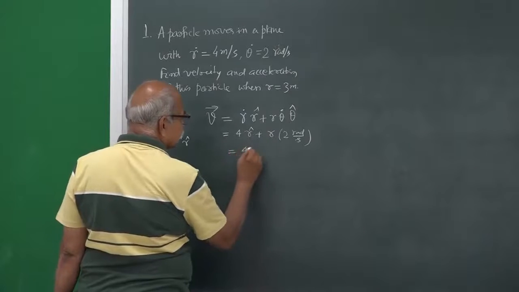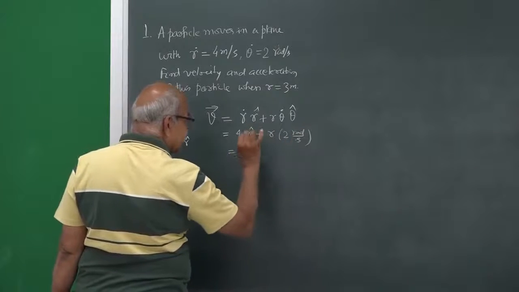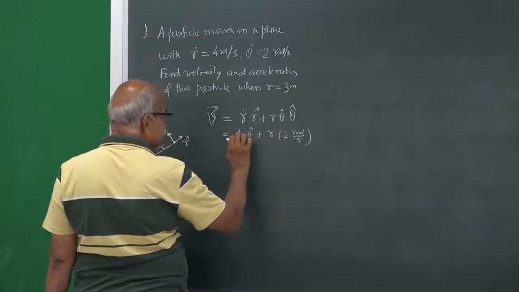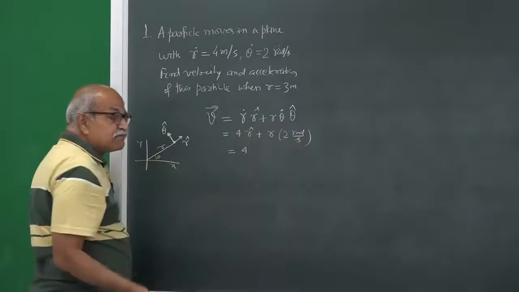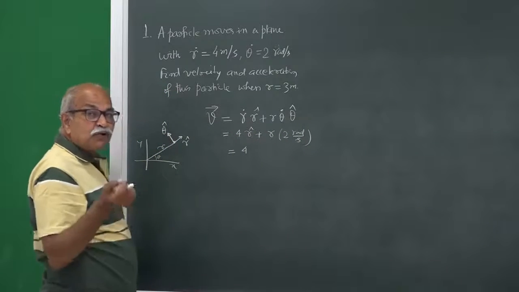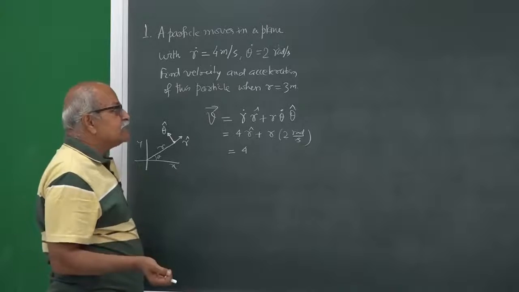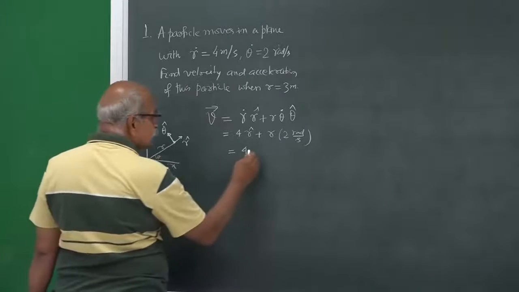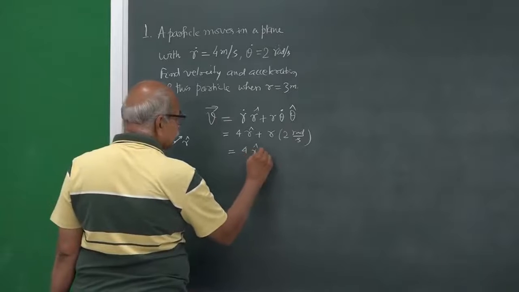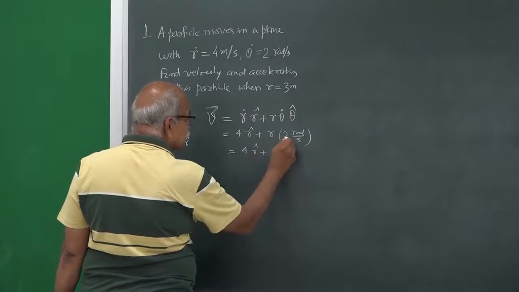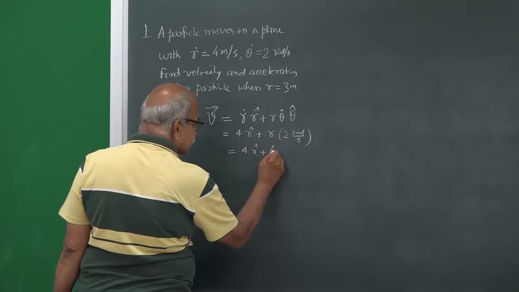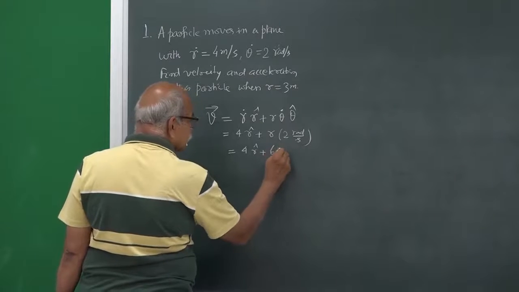So, finally it will be in meter per second. Remember that I am using only the numerical values here, but the velocity will come out to be in meter per second because we are feeding all SI data. So, this is 4 times r cap plus 3 into 2, which is 6, theta cap.